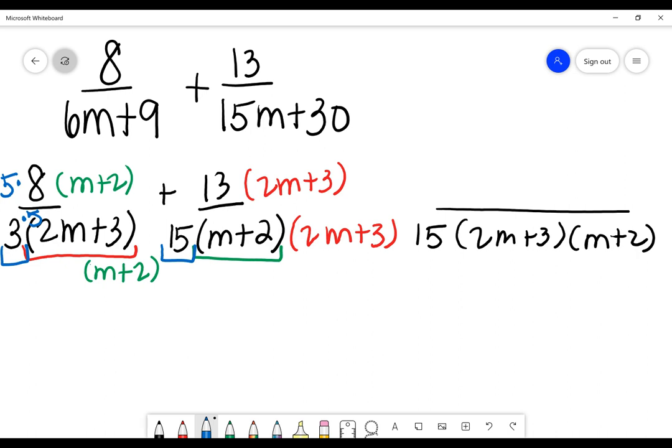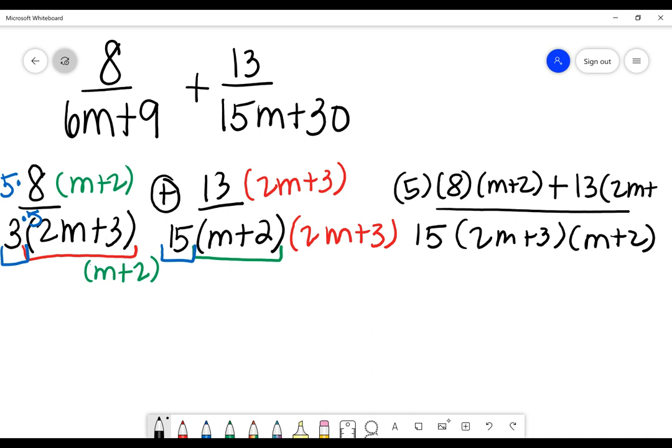So now from here, I want to add the numerators, and then I will go through by multiplying and combining like terms. So I would have 5 times 8 times m plus 2. And I'm going to add that, because I am adding, to 13 times 2m plus 3.